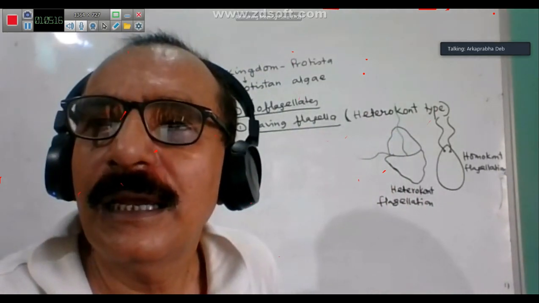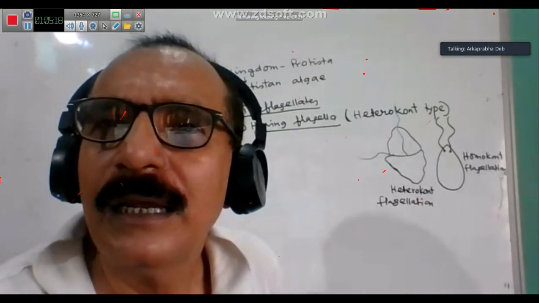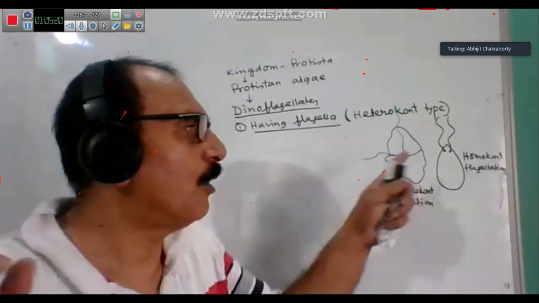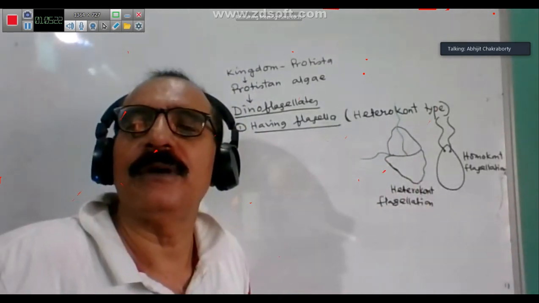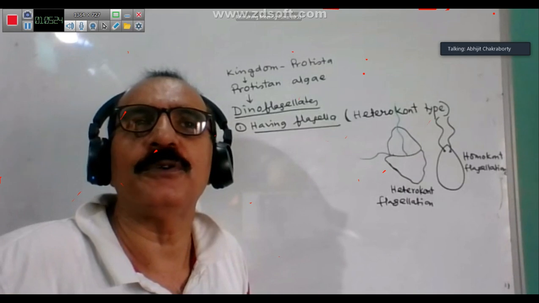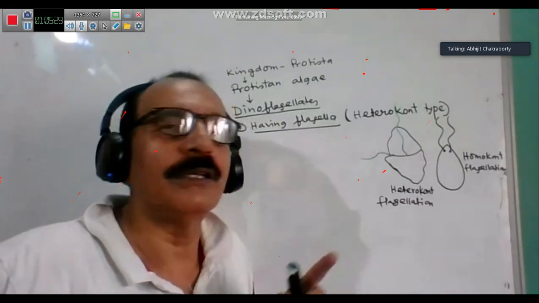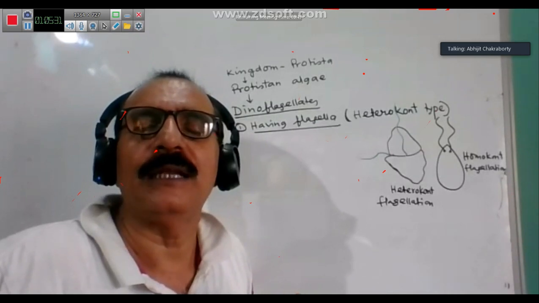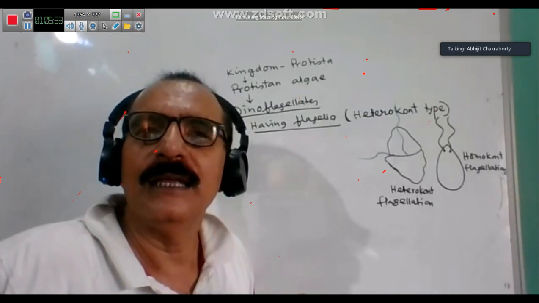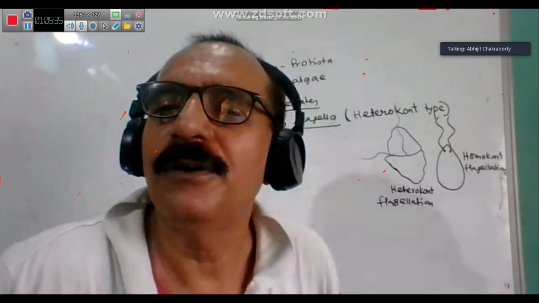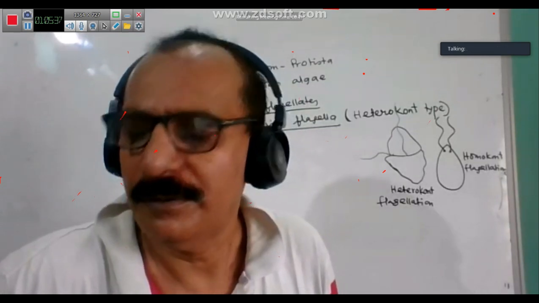In homocont, both the flagella are found to be equal in size and shape, and they are produced from the same point of origin. But in case of heterocont, they may be of different points of origin and they are not equal in size and shape. Are you getting me now? Okay.